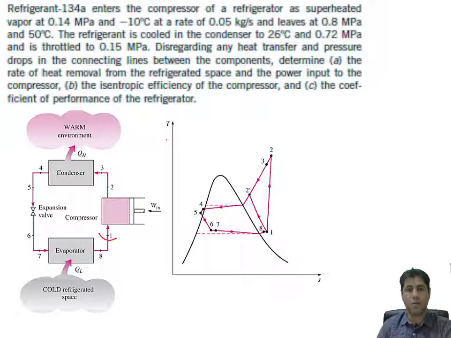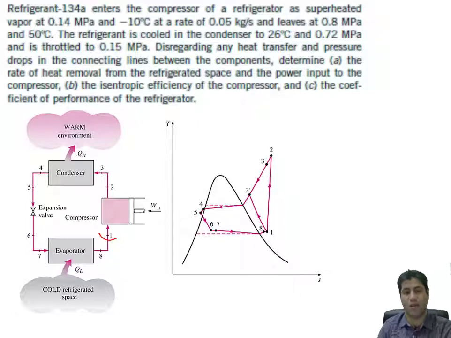And also you remember the TS diagram for this actual vapor compression refrigeration cycle. If you remember, we had this cycle. If we compare this with the ideal cycle, in the previous example you have seen already, state 1 was on the saturated vapor line, and state 3 was on the saturated liquid line.